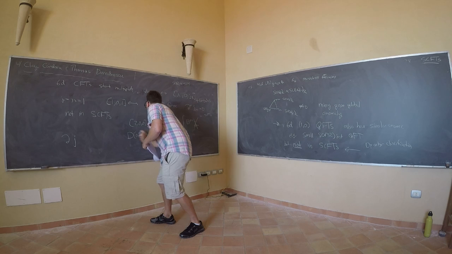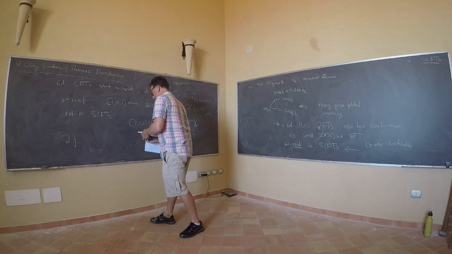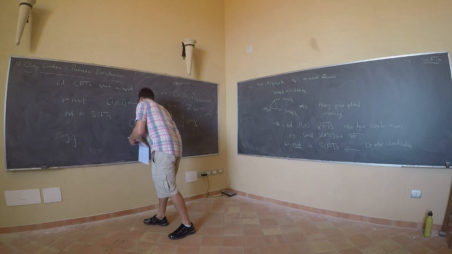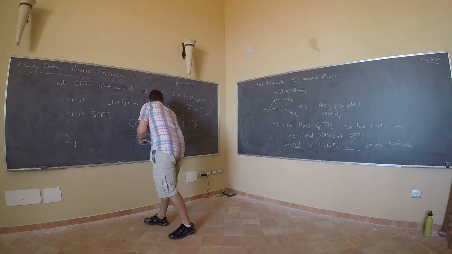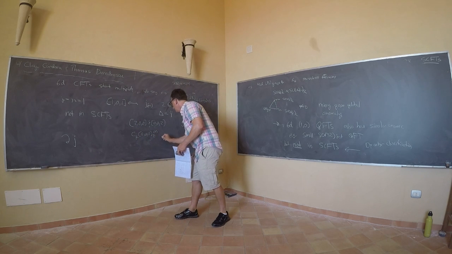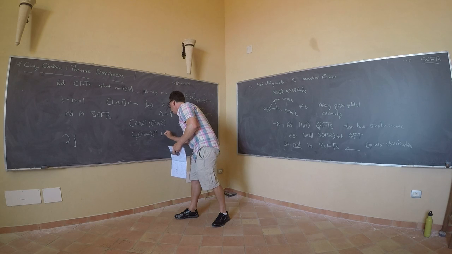So a string current has to conserve this one. It doesn't have this. So this is a free tensor multiplet.